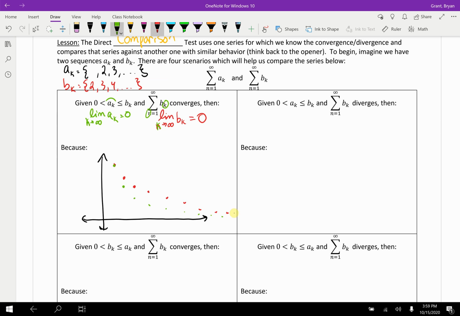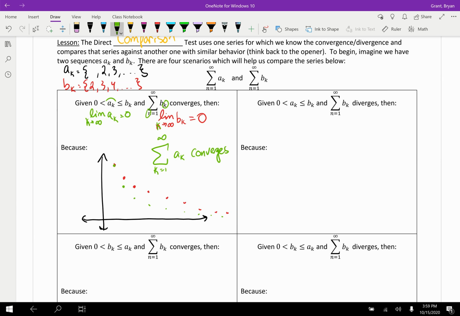However, if you sum up the larger sequence and that converges, then what does that tell you about a sub k, the smaller sequence? Yep, you guessed it. The conclusion of this is that the sum from k equals 1 to infinity of a sub k also converges.